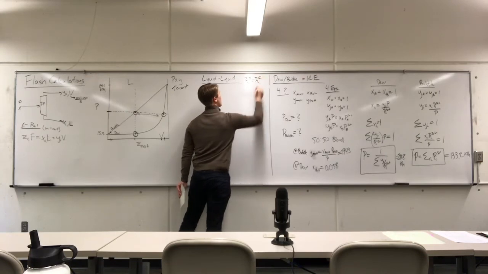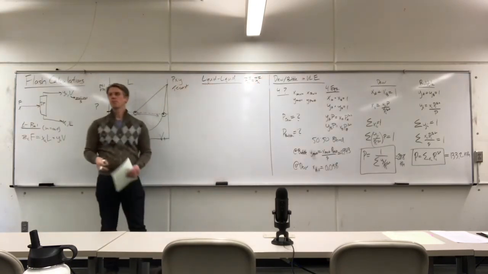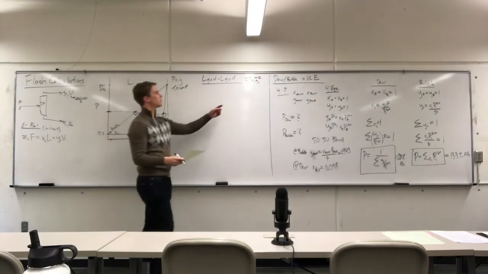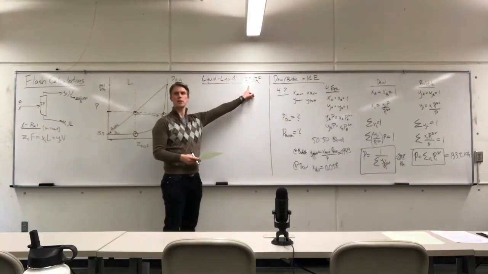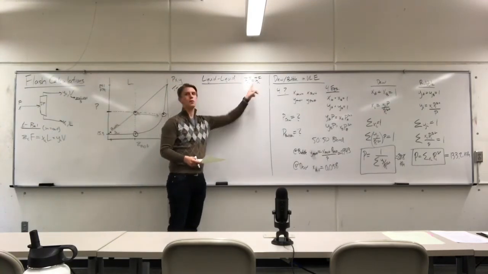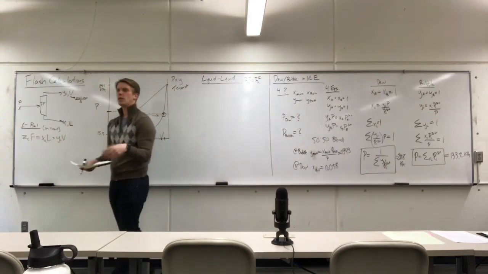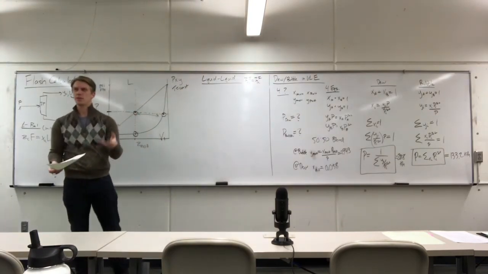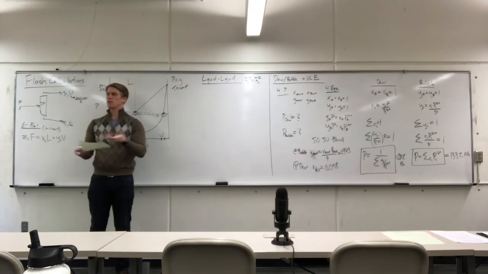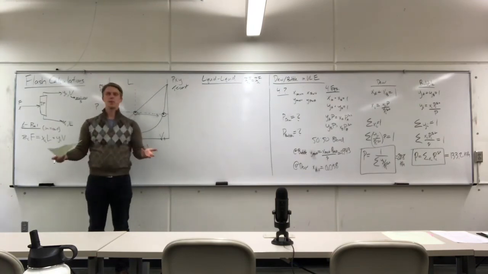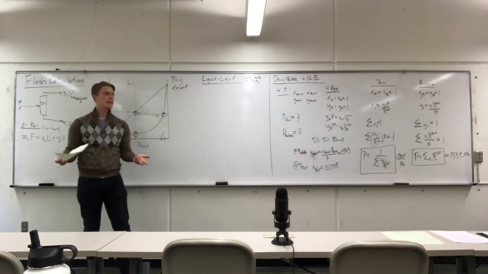So if this were an exam and we had a liquid-liquid system, we would effectively just say that the fugacity of species i in phase 1 is equal to the fugacity of species i in phase 2. We no longer have the nice convenient notation of L and V because they're both liquid, and it's completely arbitrary which one you call A and which one you call B.